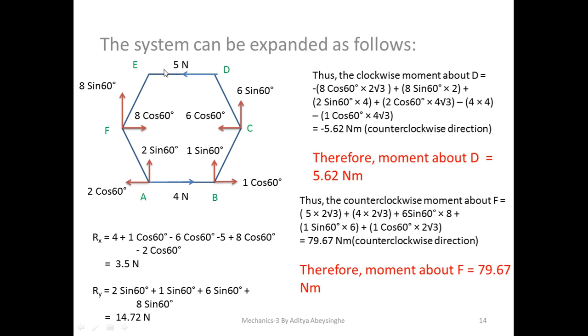When I take the moment around point F, it moves in this direction, so that is also counterclockwise. 1 sin 60 is this force, and it also moves in this direction. 1 sin 60 makes a counterclockwise direction, 1 cos 60 also makes a counterclockwise direction. So all the moments are positive when I take the counterclockwise direction. So the counterclockwise moment around point F is 79.67 Newton meters. My second question is to find the resultant of the system.